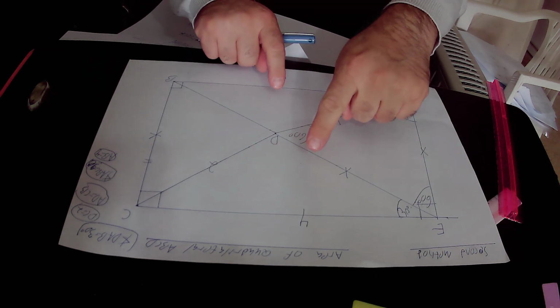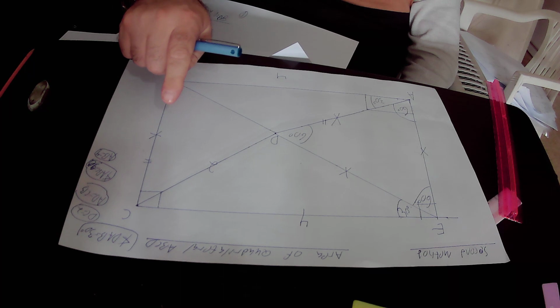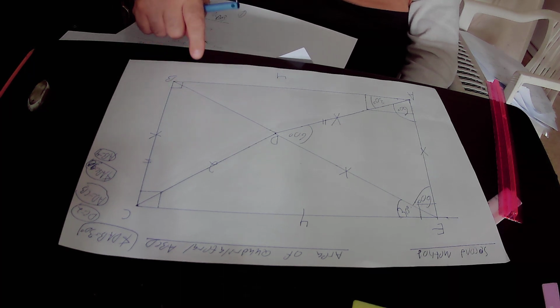Those two triangles are congruent, therefore the corresponding sides, that is to say CD and DB, will be equal to each other.